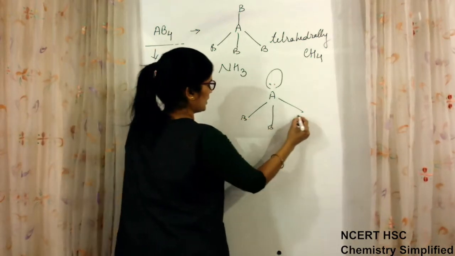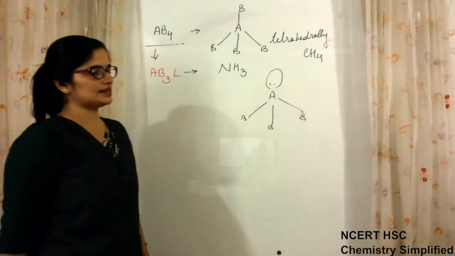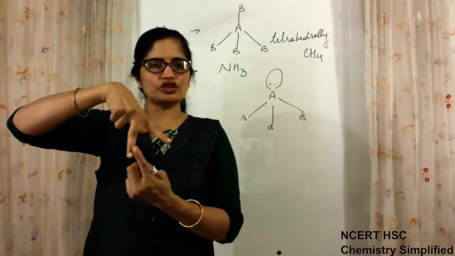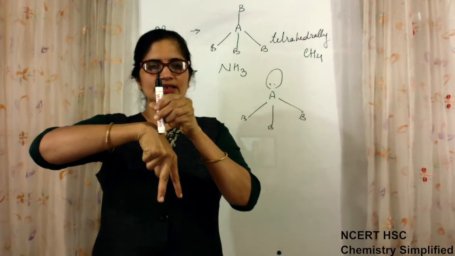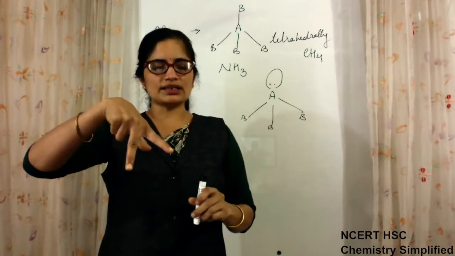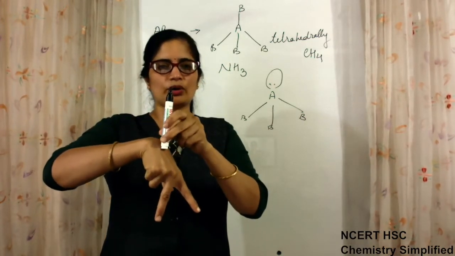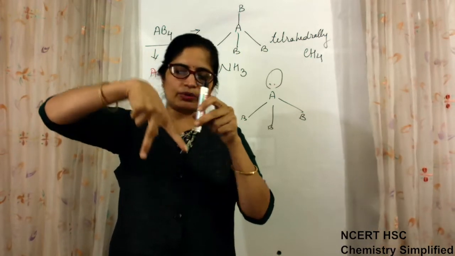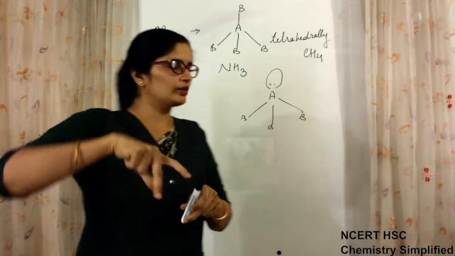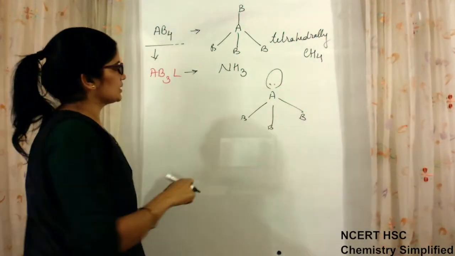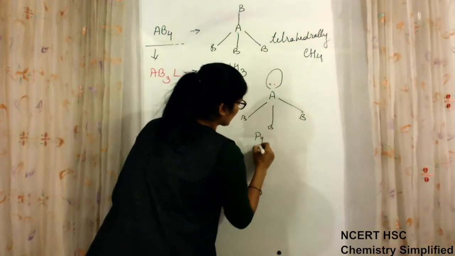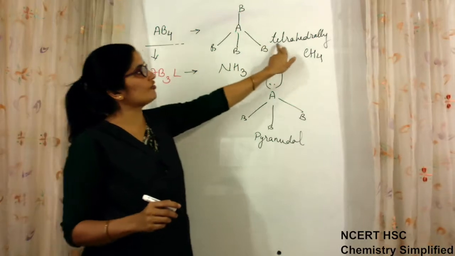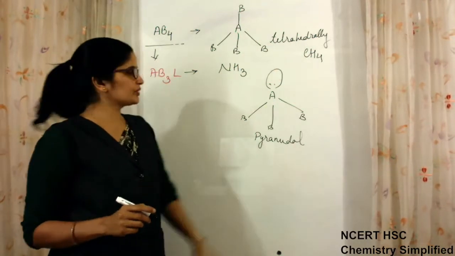B, B and B and 1 lone pair present here. So now what has happened? We had discussed this geometry as 3 legs of a stool and the 4th bond was present above, out of the plane. Now this 4th is not a bond, it is a lone pair. Now only 3 bonds are left. So these 3 bonds are like a tripod stand. Okay, so this geometry is now known as pyramidal geometry. This is the distorted form of tetrahedral geometry, pyramidal geometry.